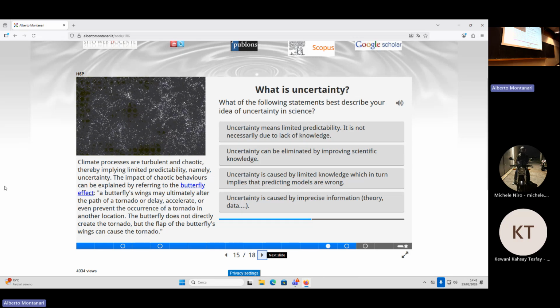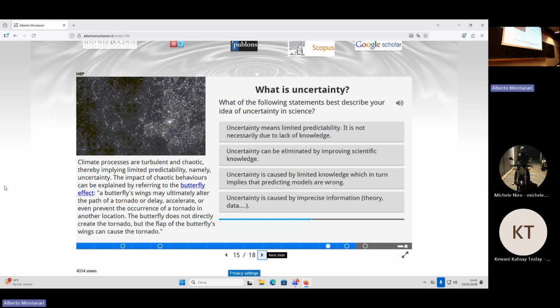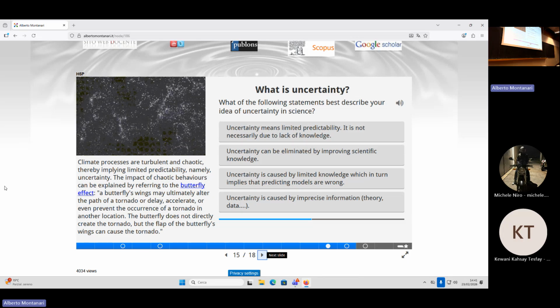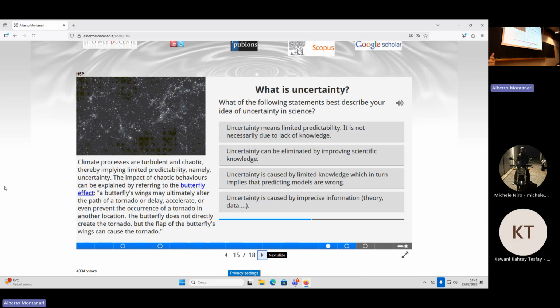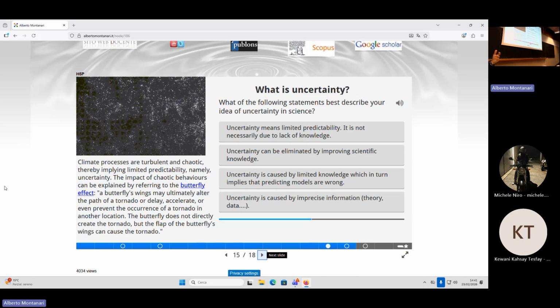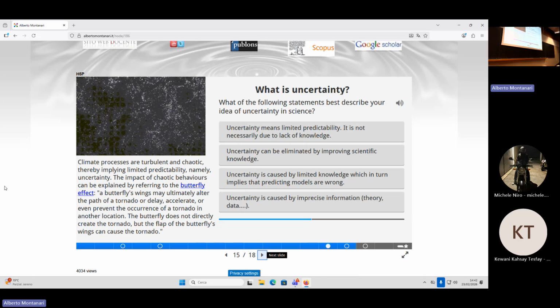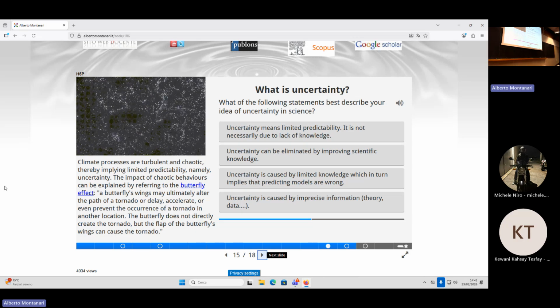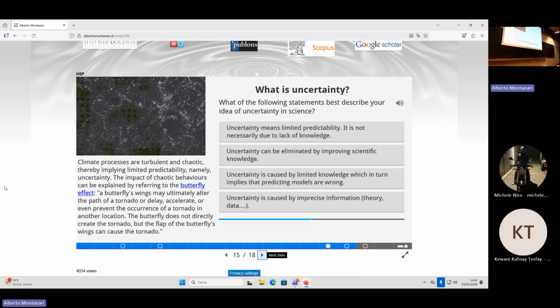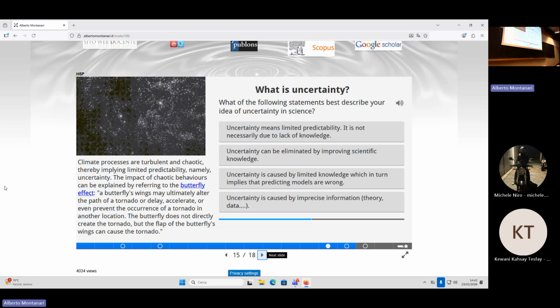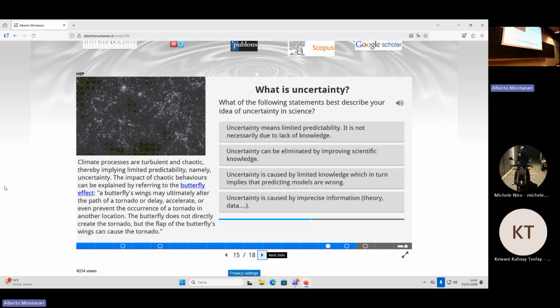And just keep in mind that when the process is chaotic, uncertainty is unavoidable. Butterfly effect. You remember the famous saying, I think it is attributed to Lorenz, that a butterfly flapping its wings in Japan may cause a tornado in the United States.